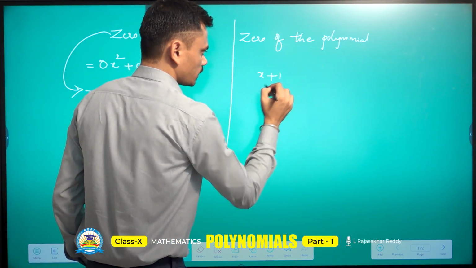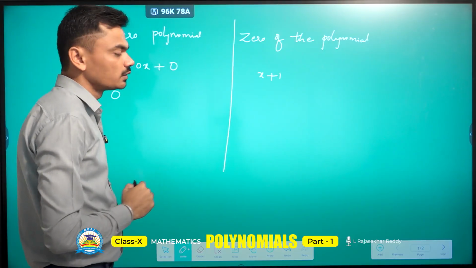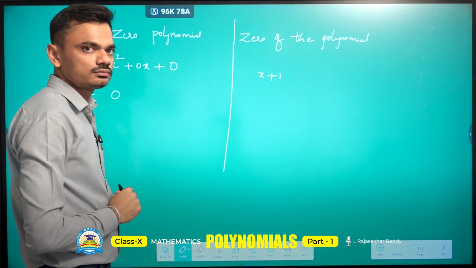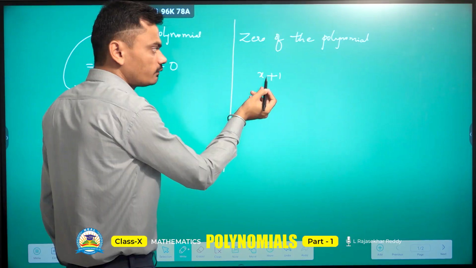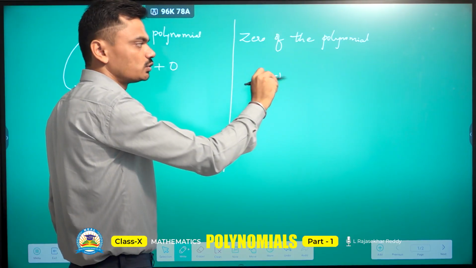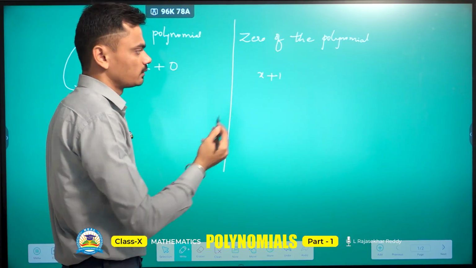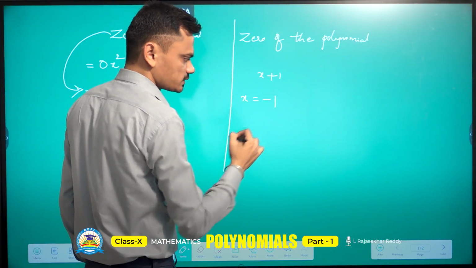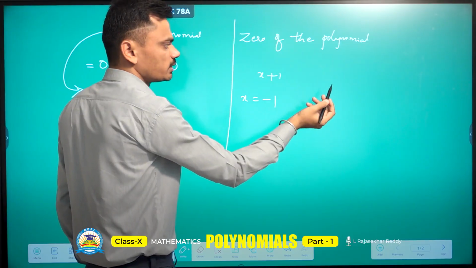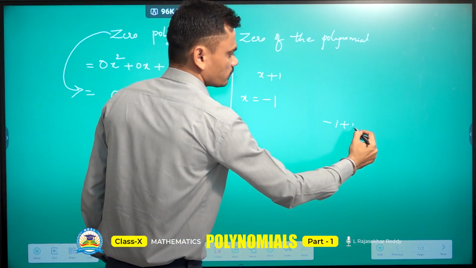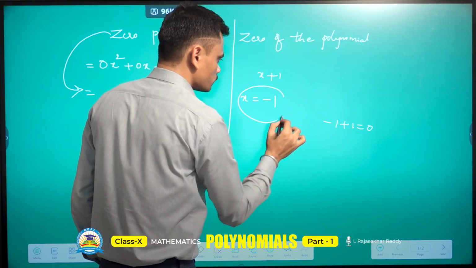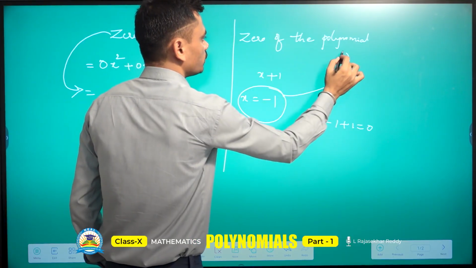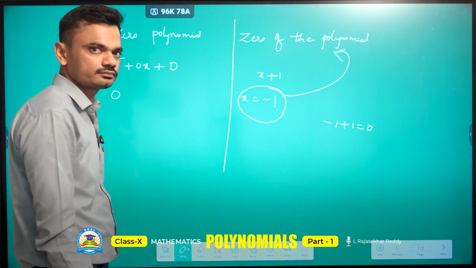0 of the polynomial is, suppose the polynomial x plus 1 is there. What is the x value? Means what we have to write in place of x to get the result 0. Nothing but minus 1. So if you write x as minus 1, then minus 1 plus 1 becomes 0. So minus 1 is the 0 of the polynomial x plus 1.